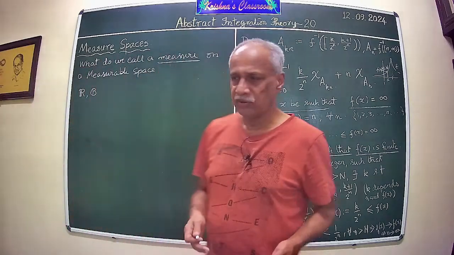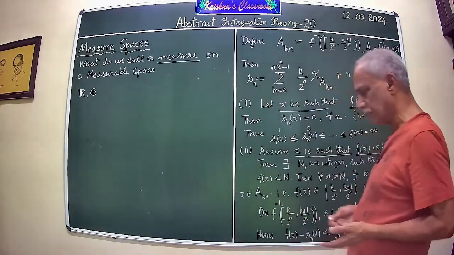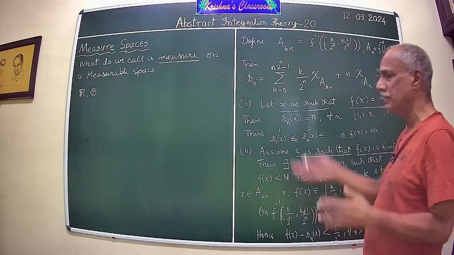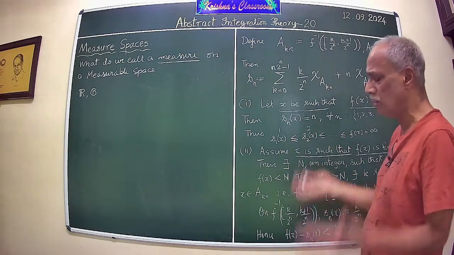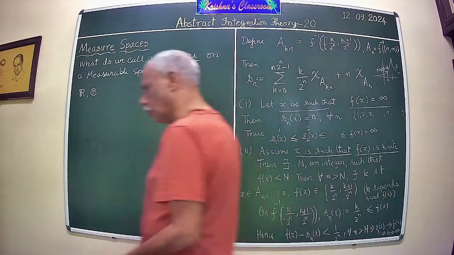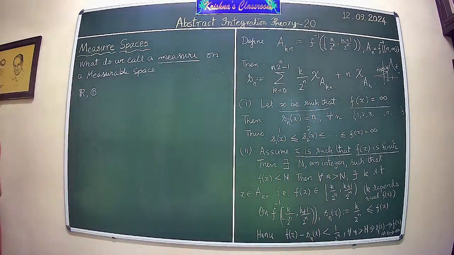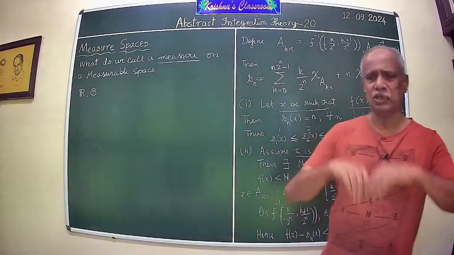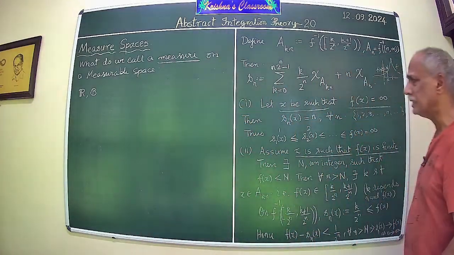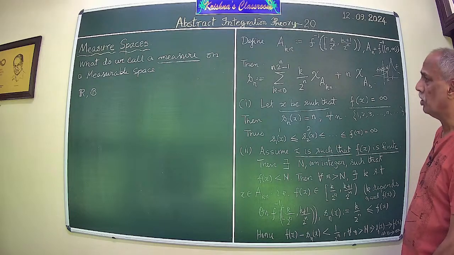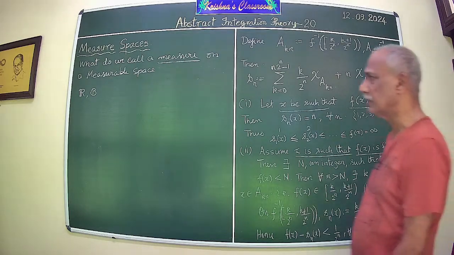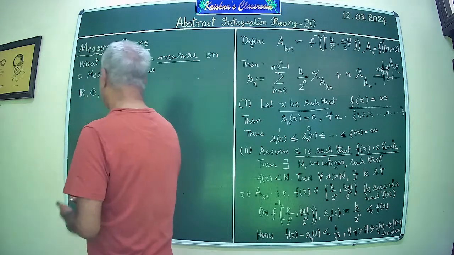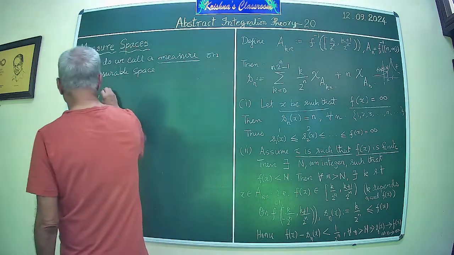So all intervals were measurable. And this is a sigma algebra which contains all intervals, in fact all open sets in the usual topology. Therefore, it's a huge collection of sets. At the same time, we also observed that this does not take care of all the subsets of R. And then on that, we introduce the measure.